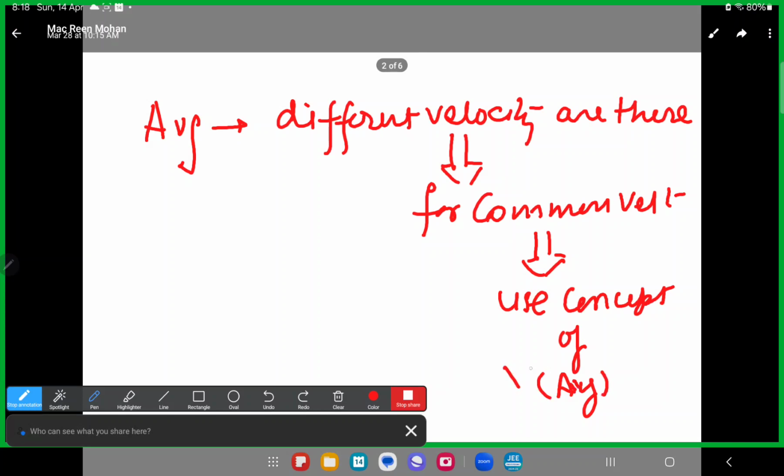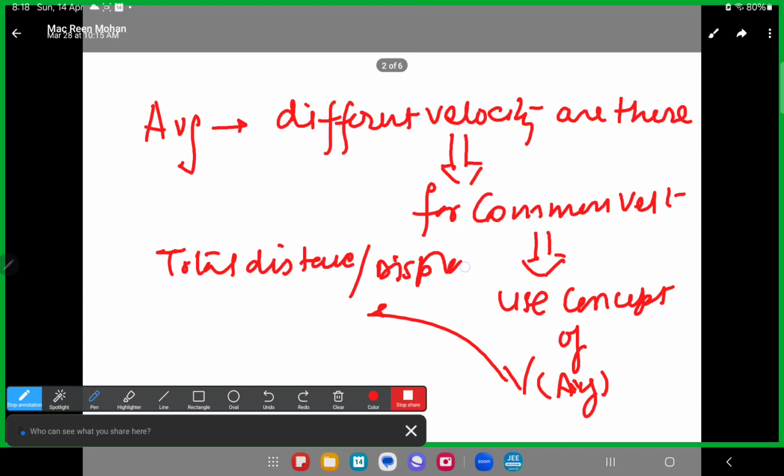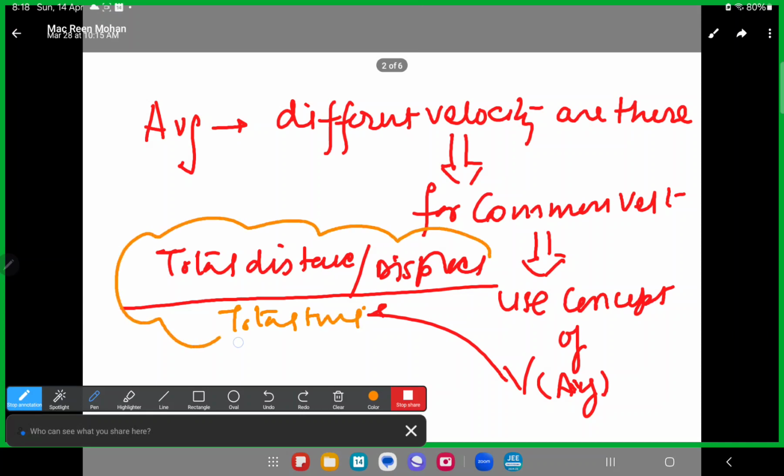Fine, use the concept of average velocity. And the formula of average velocity is total distance, or rather displacement, divided by total time. So this is the formula for average velocity.